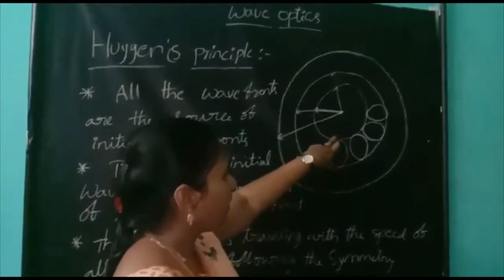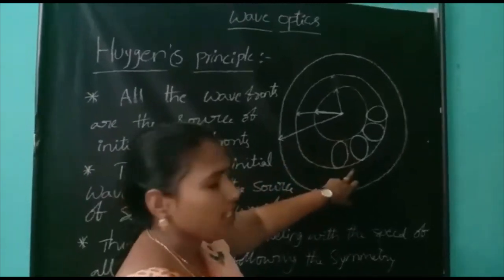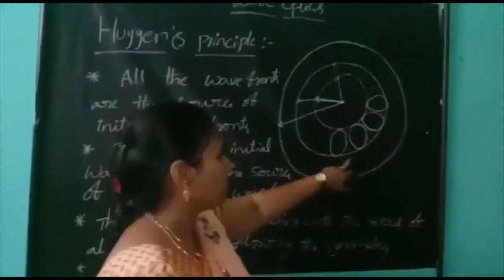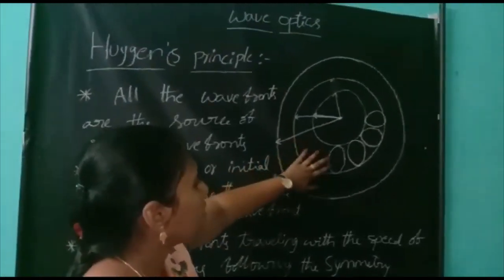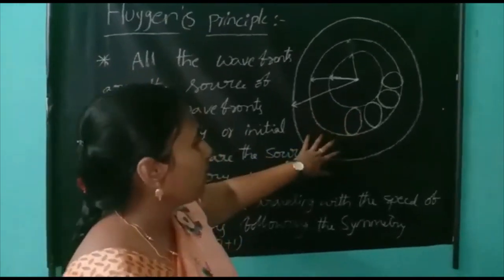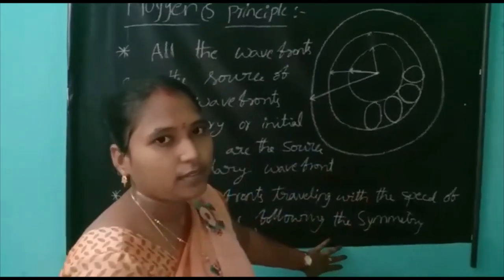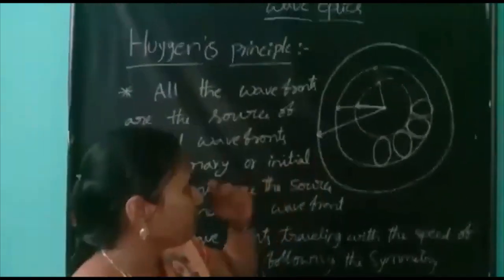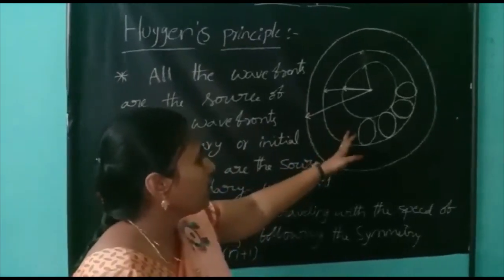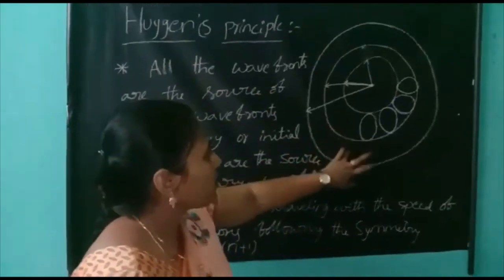For example, n is the primary or initial wavelet, and n plus 1 is the secondary wavelet. Such that Huygens principle has three assumptions, which are postulates.